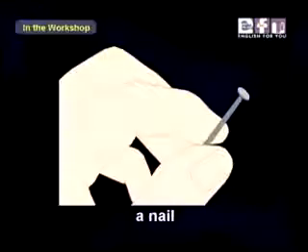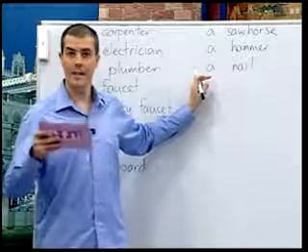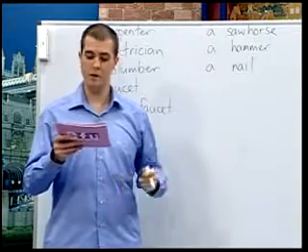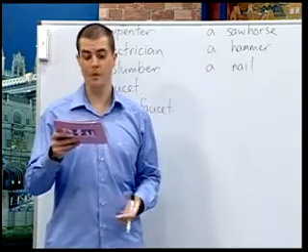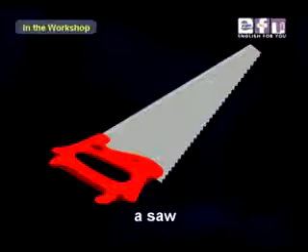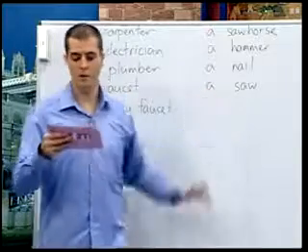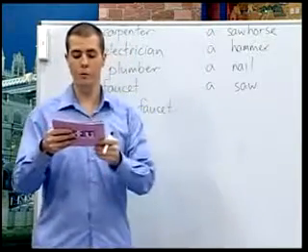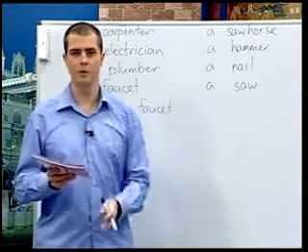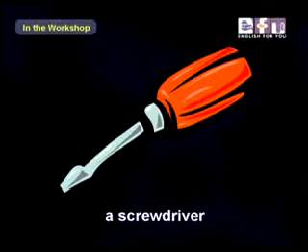And what's a nail? A nail is a thin, pointed piece of metal which you force into a piece of wood with a hammer to fasten the wood to something else. A saw is a tool with a row of V-shaped pieces used for cutting wood.